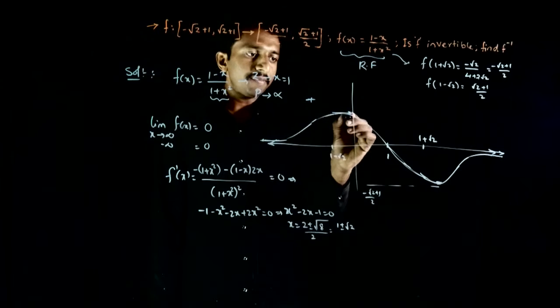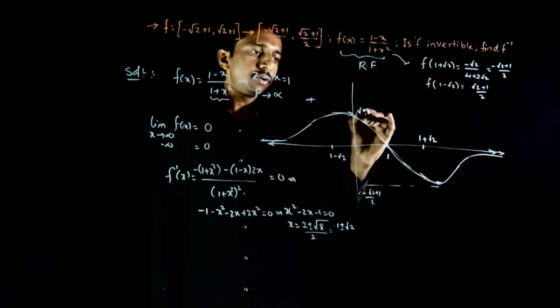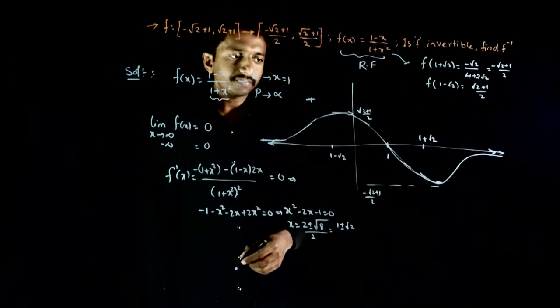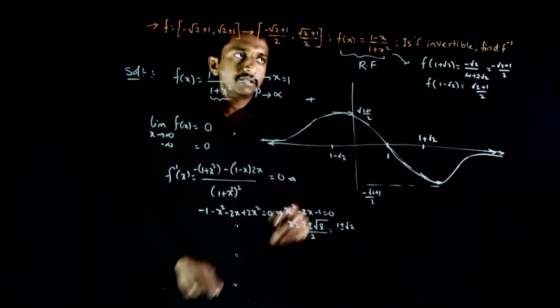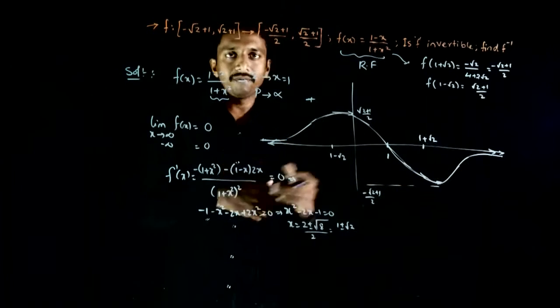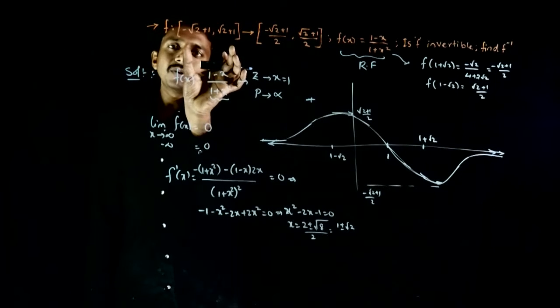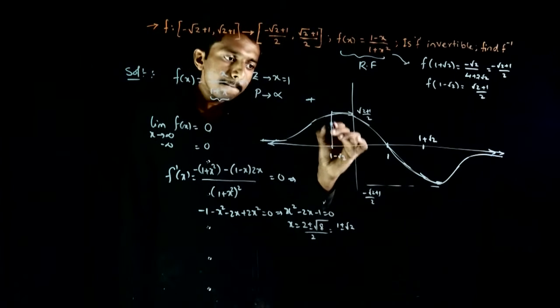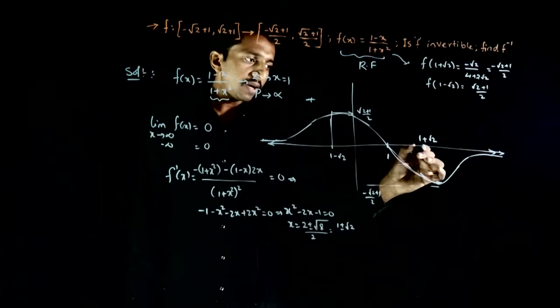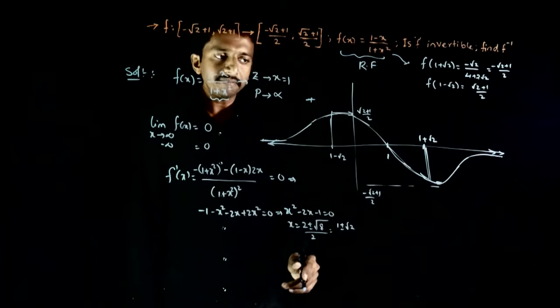And what is the value of the maximum? It says (√2 + 1)/2. Okay. So this is the graph of this whole function. But in our question the function is only defined between 1 - √2 and 1 + √2. It is defined between the two, okay.